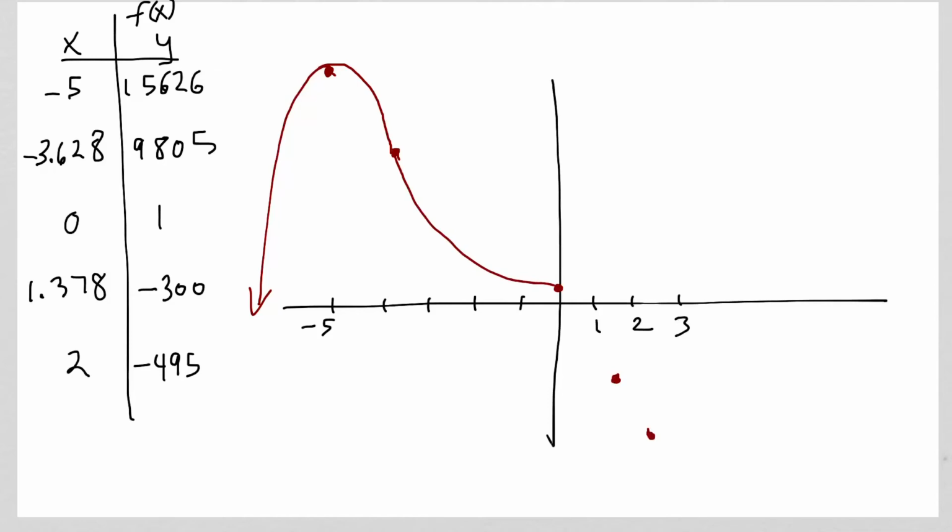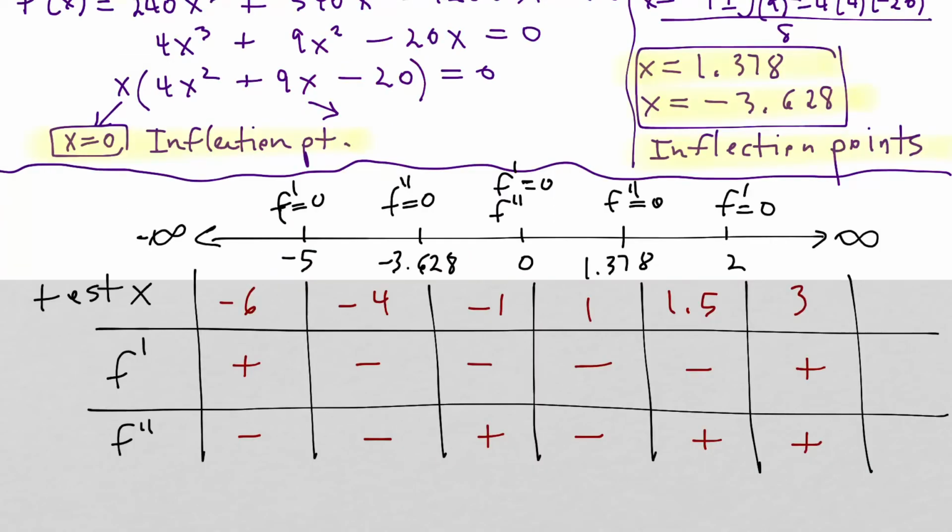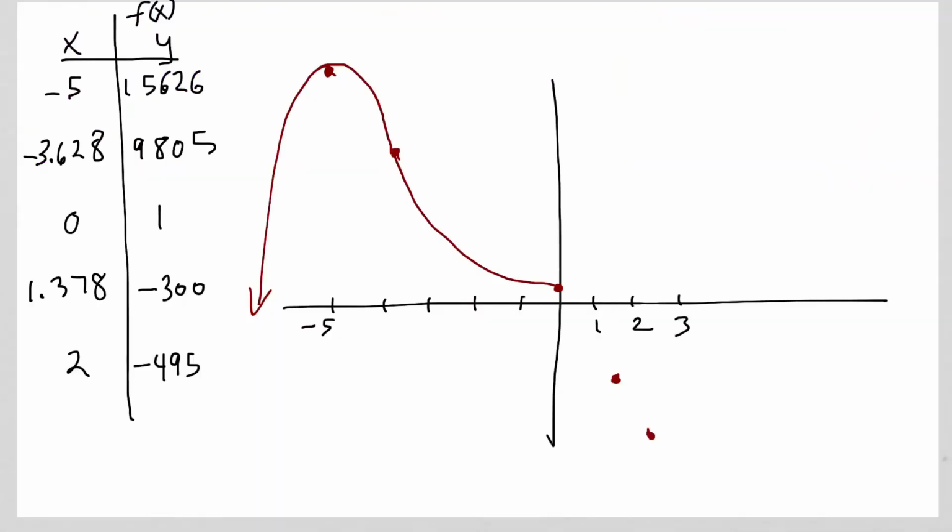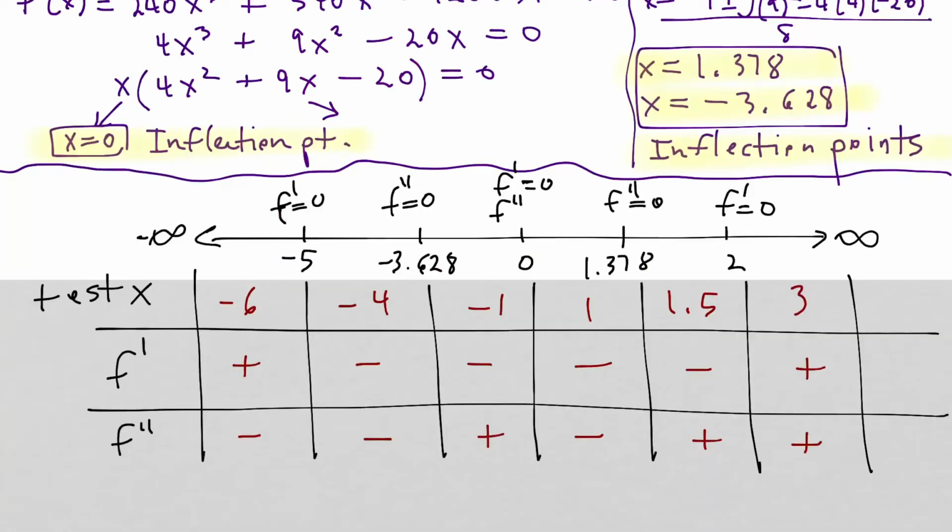All right. And then the next interval between 0 and 1.3-ish, here to here, I'm downhill, concave down. All right, and then the interval between 1.3 and 2, I should say, that's this one here, downhill, concave up.